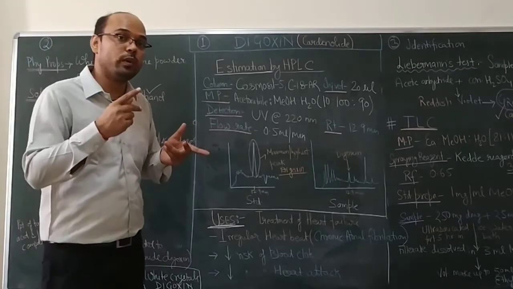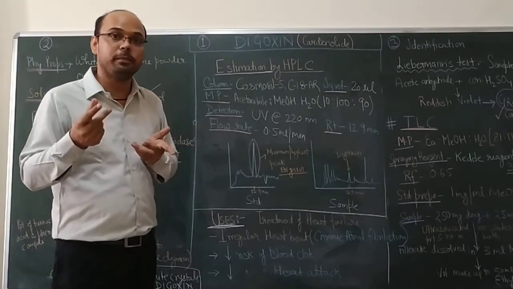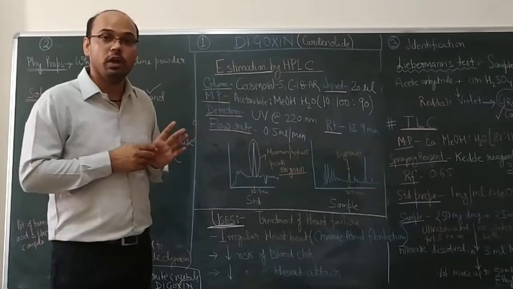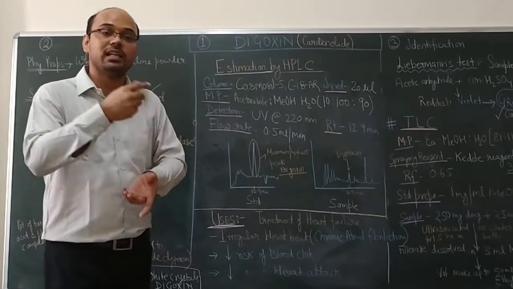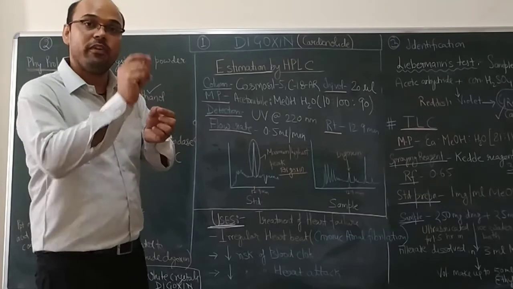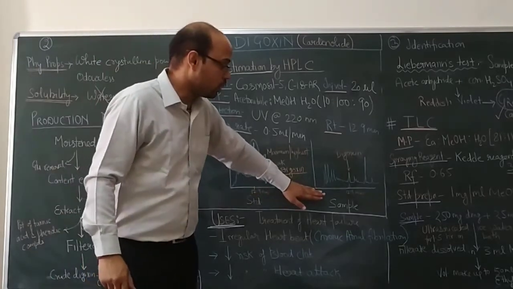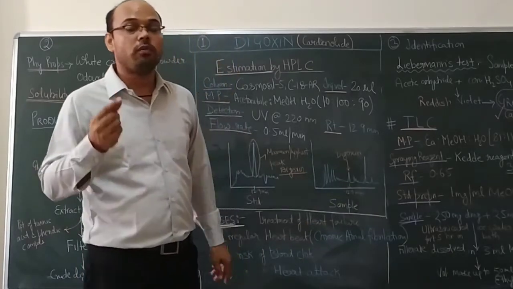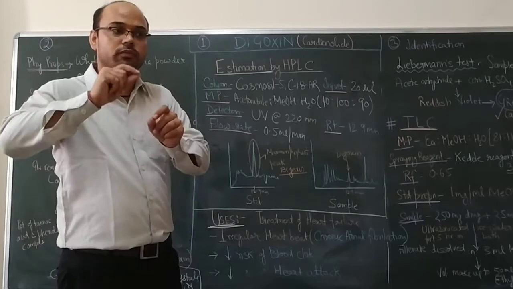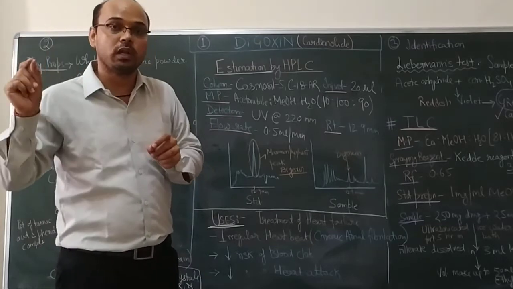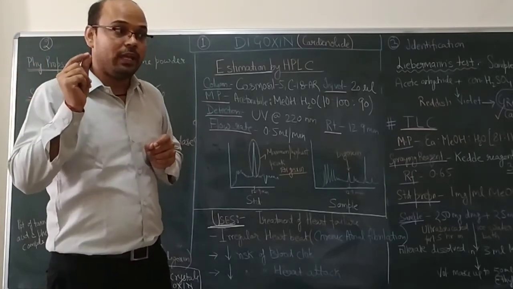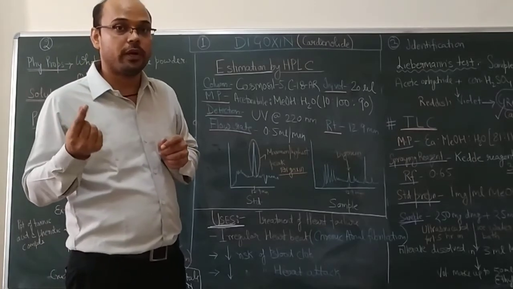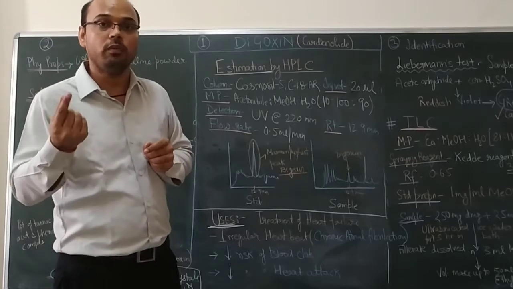And in this way you can test your sample for the presence of this particular phytoconstituent. When you inject the sample, you observe various peaks, like in this chromatogram, and you can identify the peak of digoxin from the multiple peaks of the chromatogram of the sample if your peak is observed at the RT value of 12.9 minutes from the time of injection.